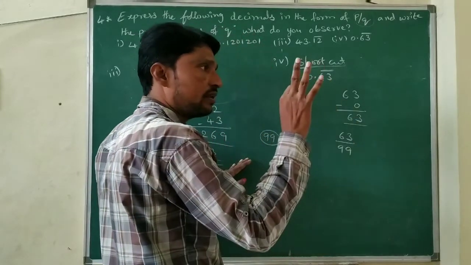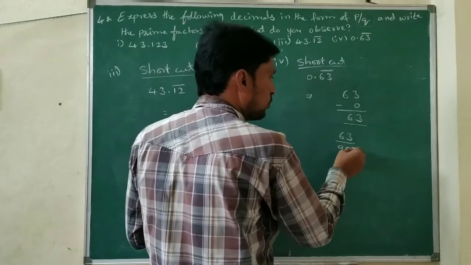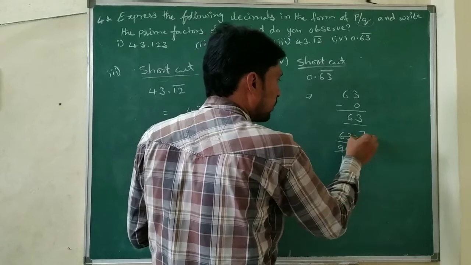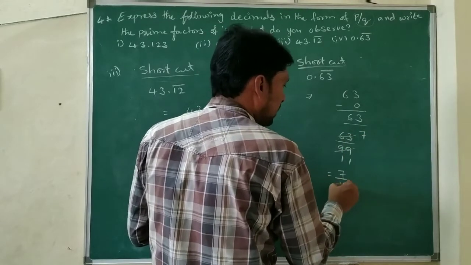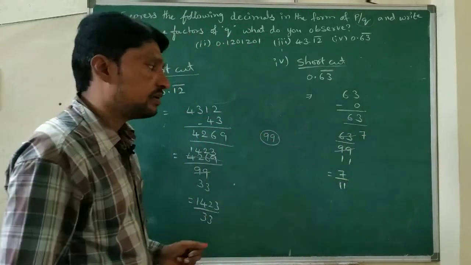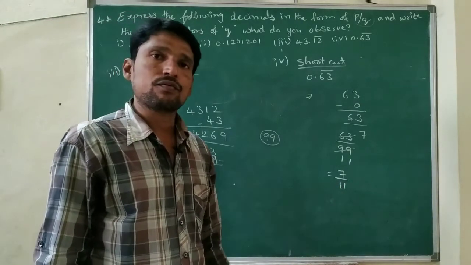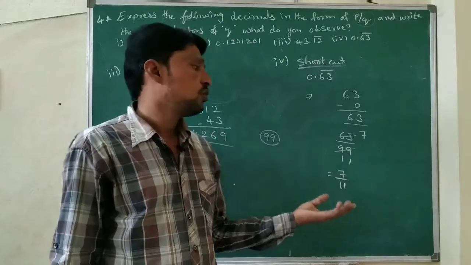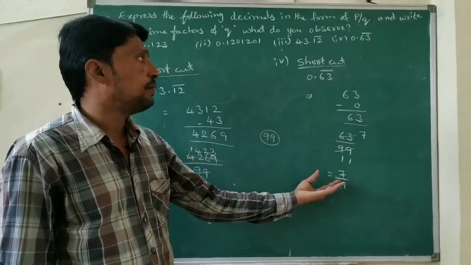Periodicity 3 means we take 999, like that. So with the 9 table, 9 1s are 9, 9 7s are 63. That equals 7 by 11. This is the shortcut method. Here the prime factor of q is only 11. It is not of the form 2 power n into 5 power n, so it is a non-terminating and repeating decimal.